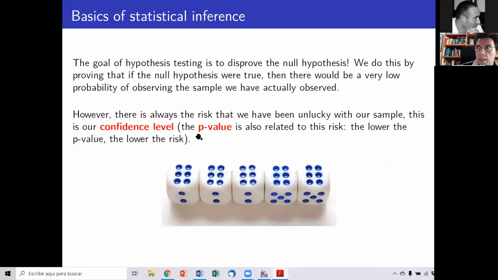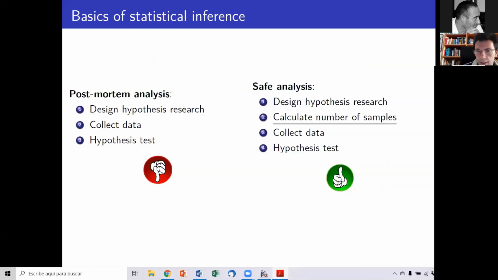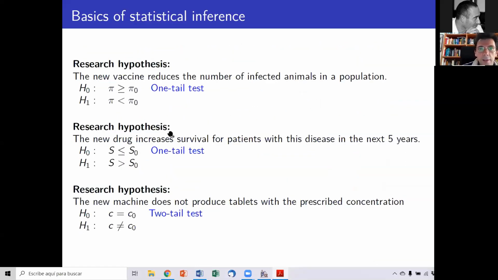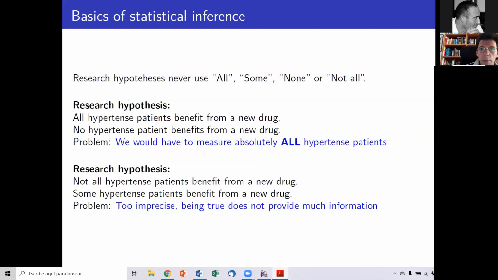So I have to reject the hypothesis that the vaccine does not reduce the number of infected animals, or that the drug does not increase the survival. There is so much evidence that it is increasing the survival that I have to reject the null hypothesis. And that is the meaning of the p-value.